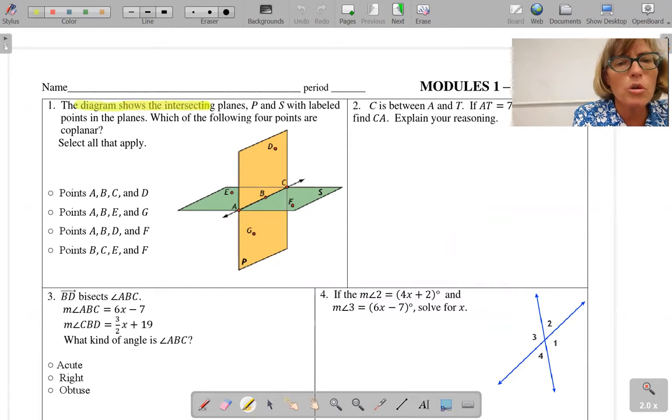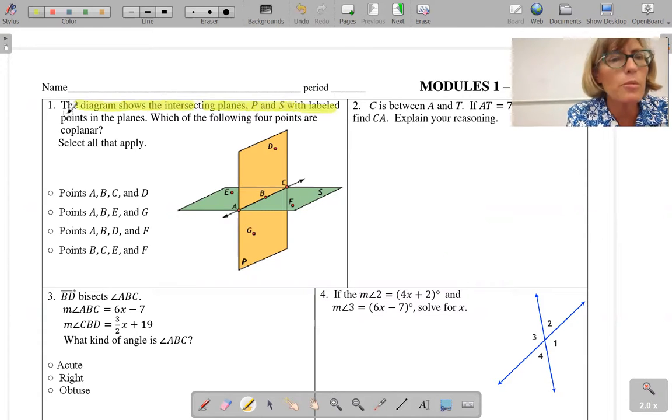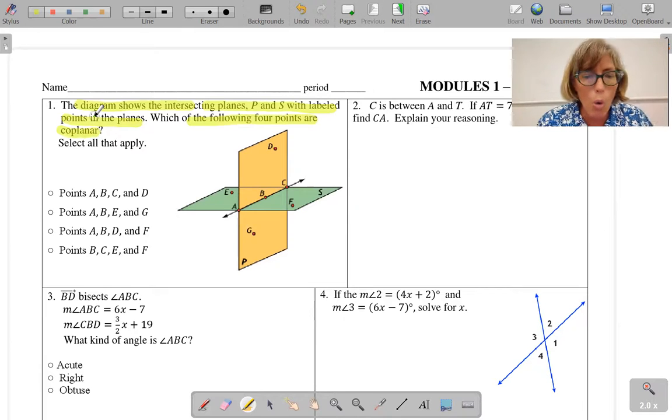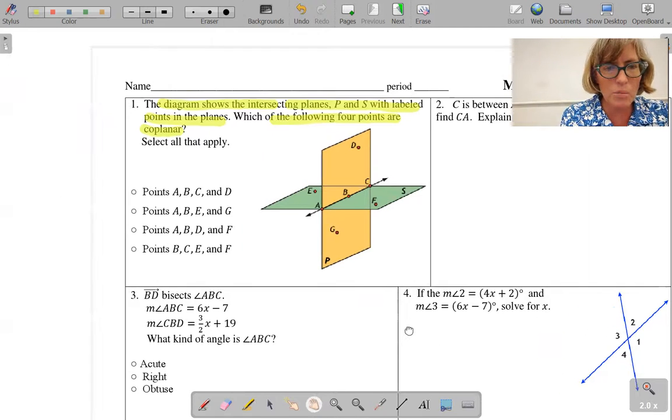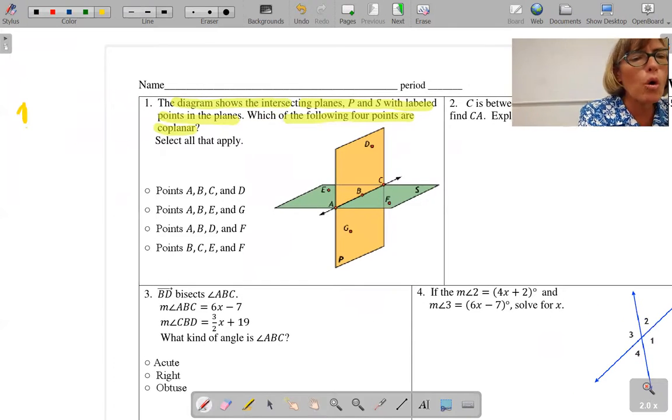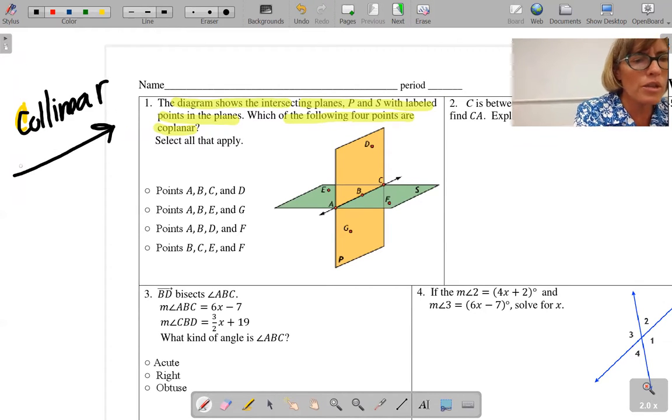The diagram shows intersecting planes P and S labeled with points on the plane. Which of these 4 points are coplanar? I'm going to give an explanation. Collinear means on the same line, so we would say P, Q, R are on the same line.